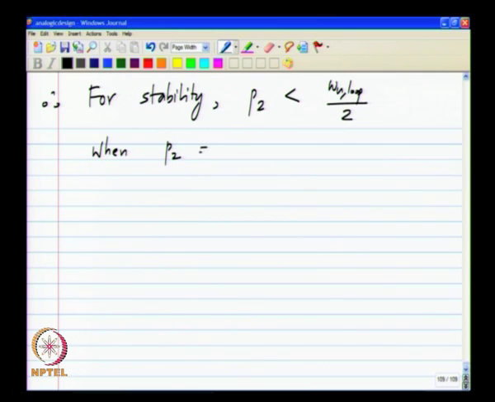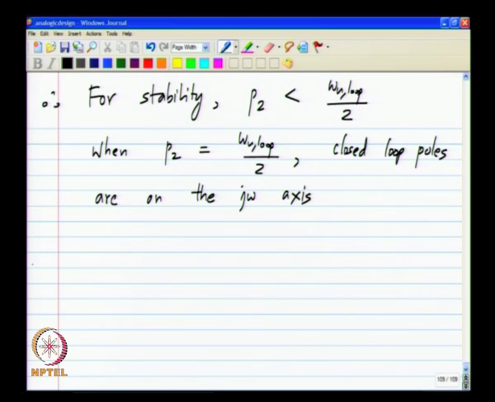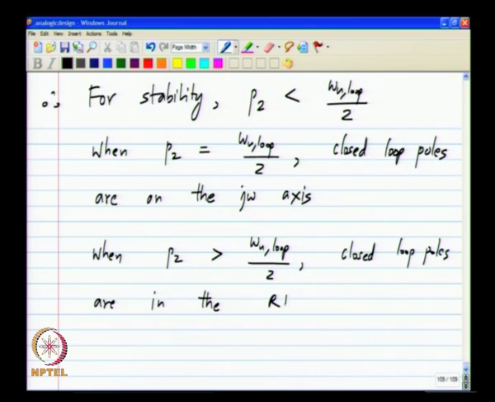and when P 2 equals the unity loop gain frequency by 2, the poles of the closed loop system are on the j omega axis, and when P 2 is more than omega u loop by 2, closed loop poles are in the right half plane, which also means an unstable system.